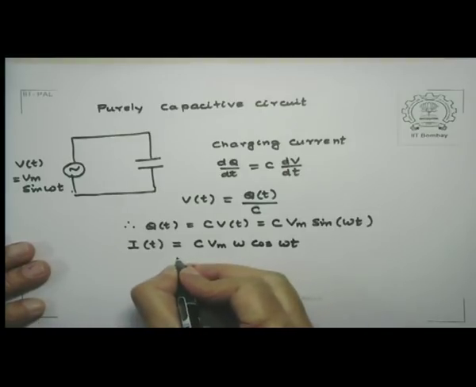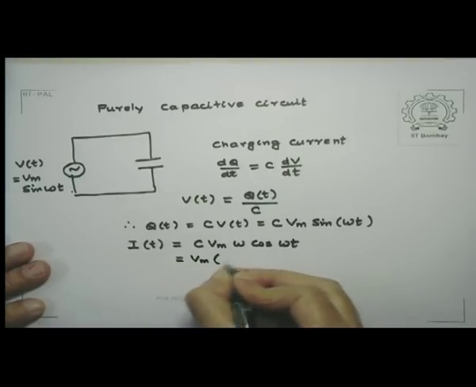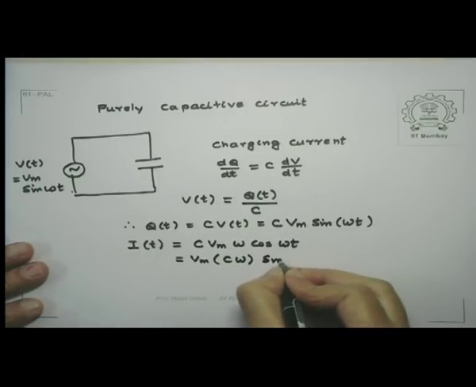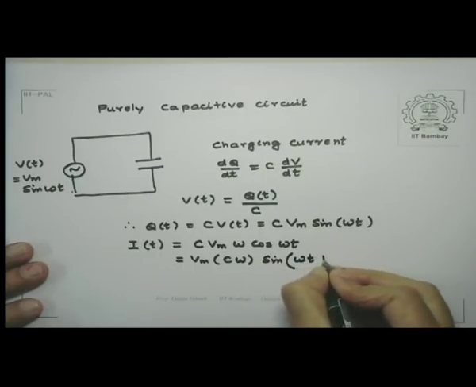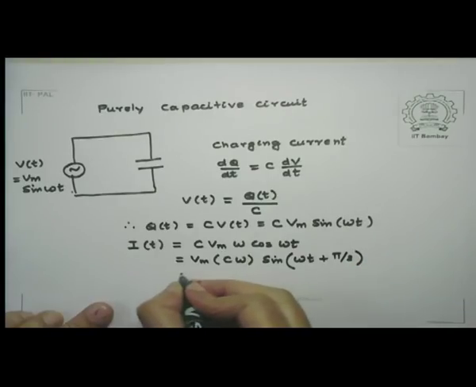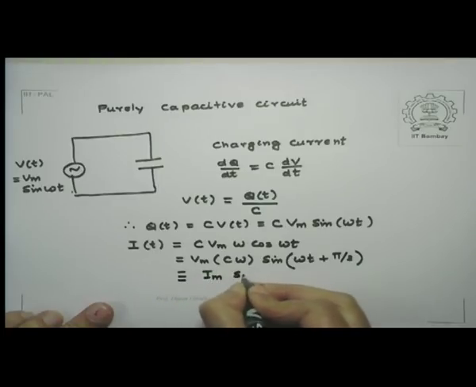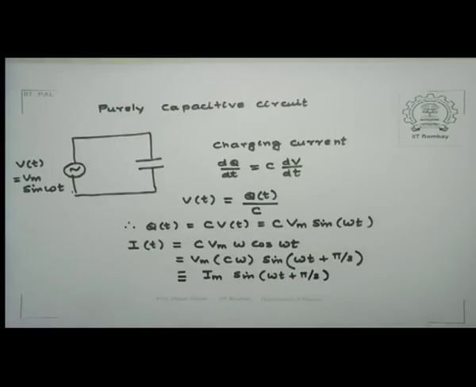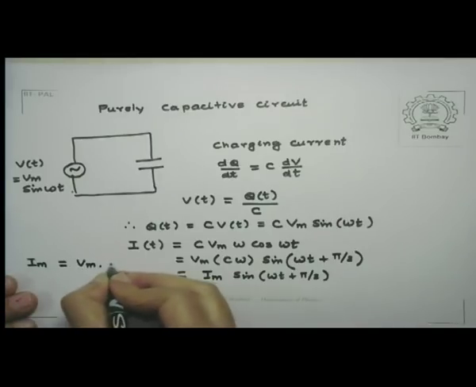And I will rewrite this as Vm times C omega. Now cosine of omega t I would write as sine of omega t plus pi by 2. So if I write this current as equal to Im sine of omega t plus pi by 2, my current amplitude is given by Vm times C omega.